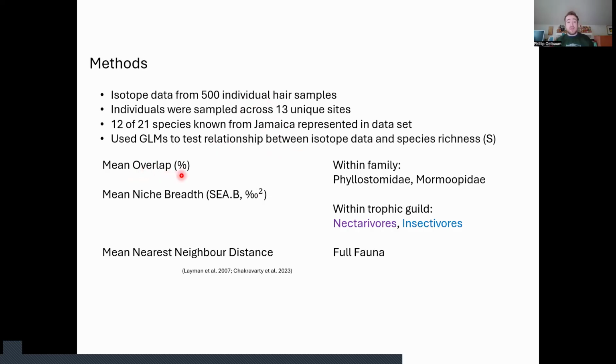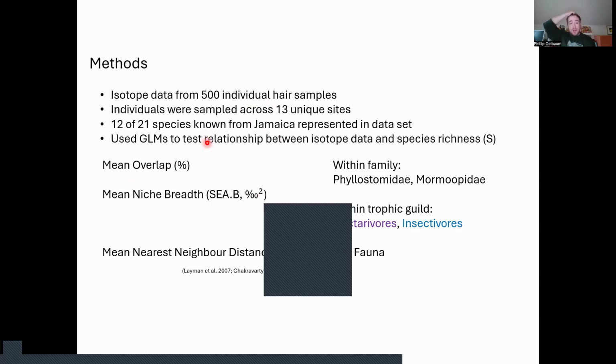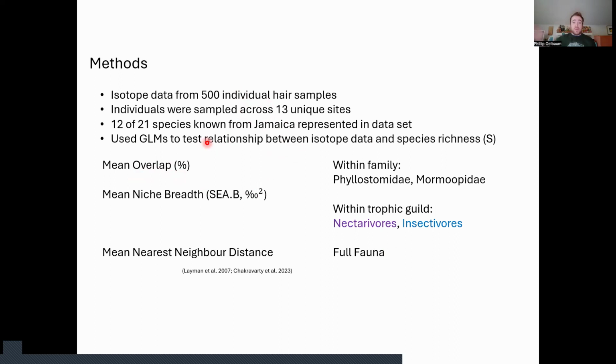This is estimated using a package called nicheROVER, which if you're interested, I can tell you about later. Mean overlap within those communities to look at that niche packing through increasing overlap. Mean niche breadth, which is estimated as the Bayesian standard ellipse area. Again, I can tell you about this in more detail later. And that was to look at specialization.